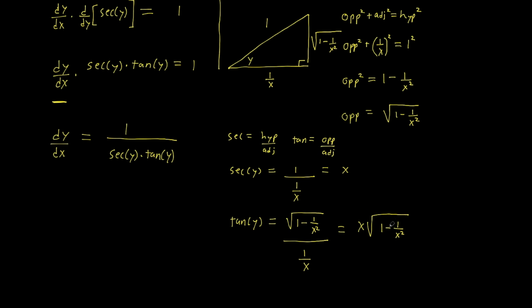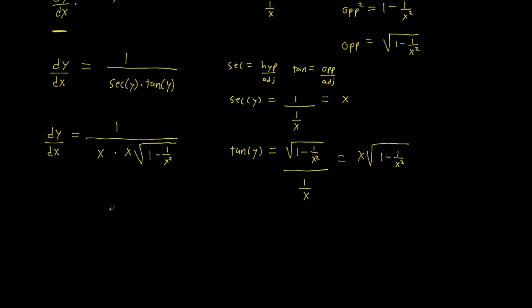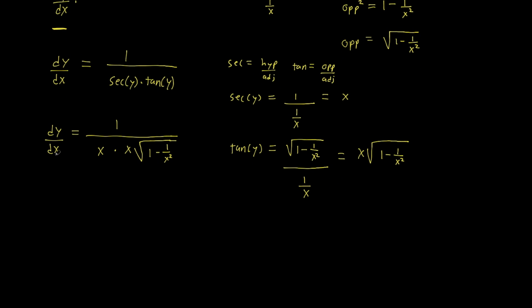Now that we have both secant, which is equal to x, and tangent of y, which is equal to x times the square root of 1 minus 1 over x squared, we can rewrite dy dx. So dy dx is going to be equal to 1 over x, secant of y equals x, times x square root of 1 minus 1 over x squared for tangent. We have just one more multiplication to make.